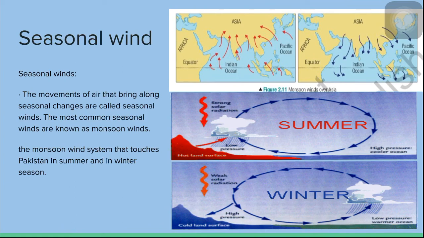So from the high pressure belt, the wind blows toward the sea, toward the Indian Ocean and Pacific Ocean. It takes with it huge clouds and brings rain. But in the southern hemisphere, we do not have a great land mass, so it doesn't affect. But the summer monsoon does affect because it brings flooding heavy rainfall.